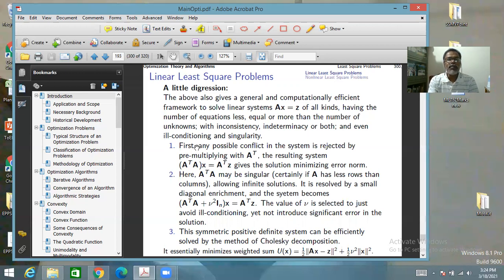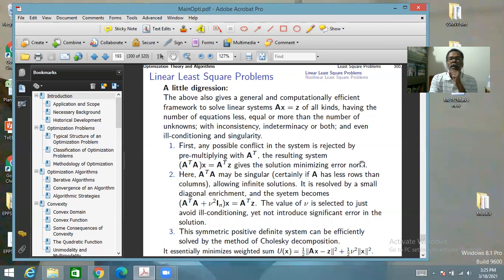So what it does, for any possible conflict in the system, you reject the conflict and minimize the inconsistency, basically minimize a sum of squares, by pre-multiplying the equation by A transpose and getting this. This gives you the solution, minimizing the error norm.